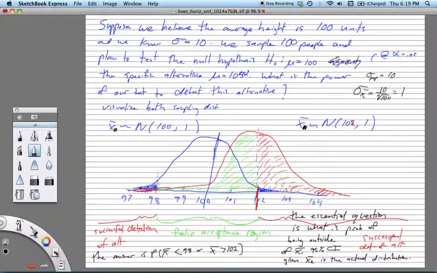You can see where the rejection region under the null hypothesis overlaps the distribution of what's happening in reality, the alternative, and then you can use computer software to give you the actual probabilities of the zone of overlap.